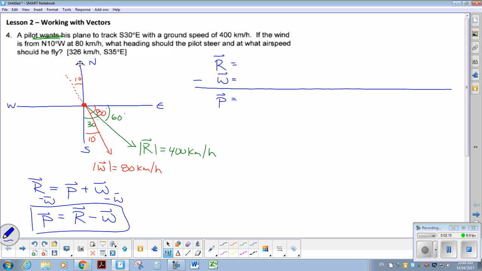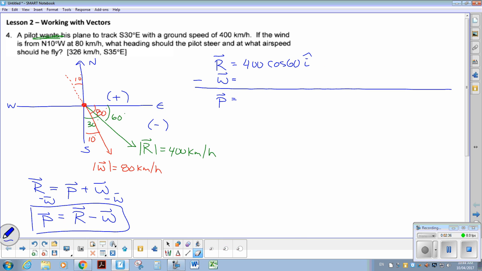So the resultant is in the bottom quadrant, which means my x values will all be positive, my y values will be negative. So 400 cos 60 i. So that is my x component for the desired plane speed.